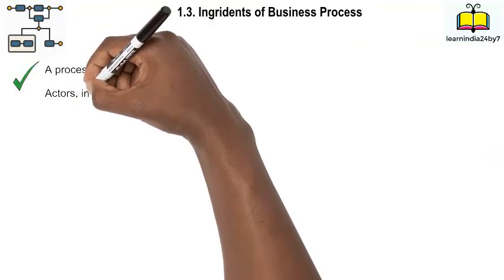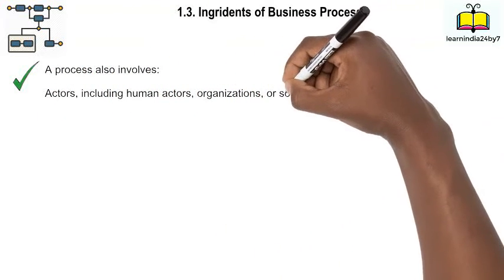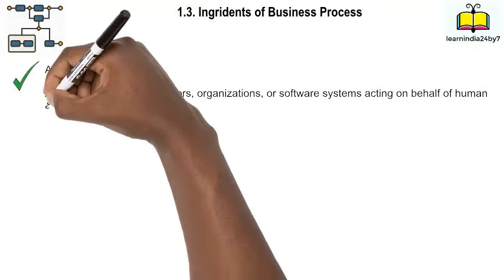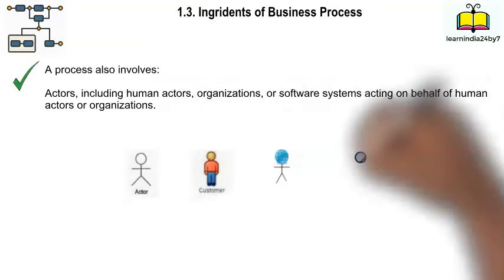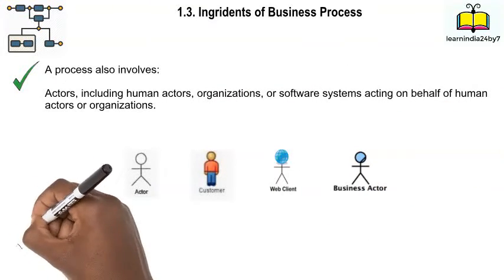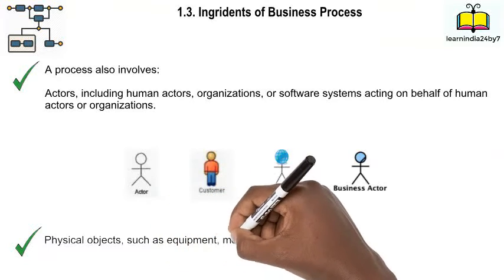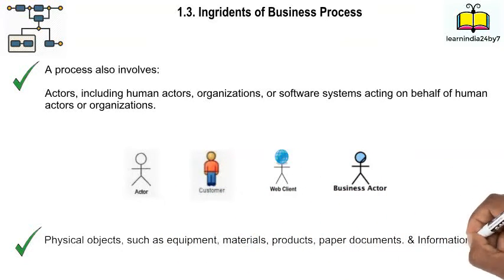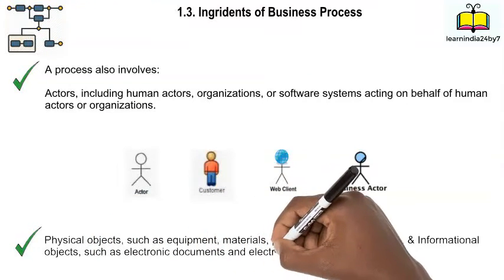A typical business process also includes actors such as human actors, organizational or software systems acting on behalf of human actors, and physical objects such as equipment, material, products, paper, documents, and informational objects such as electronic documents and electronic records.